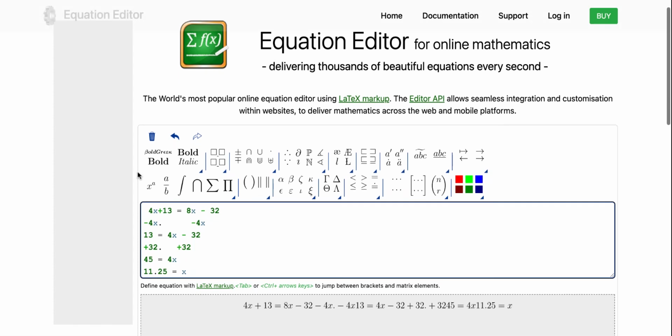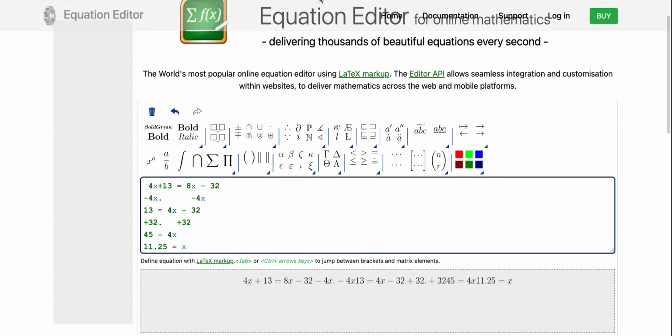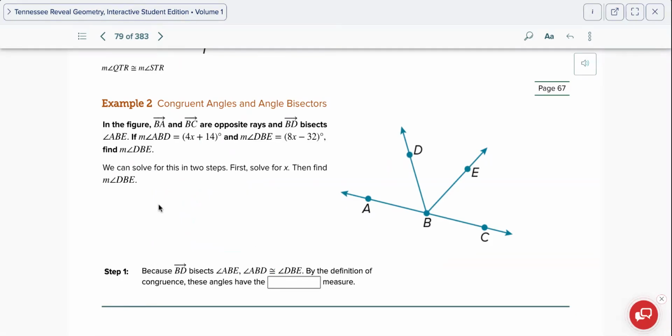All right, so x is 11.25. Okay, so first solve for x and then find the angle, so now I got to plug back in. I'm going to take my 11.25 and plug it back into DBE, which of course this one's labeled DBE, so I'm going to plug it back into the 8x minus 32.